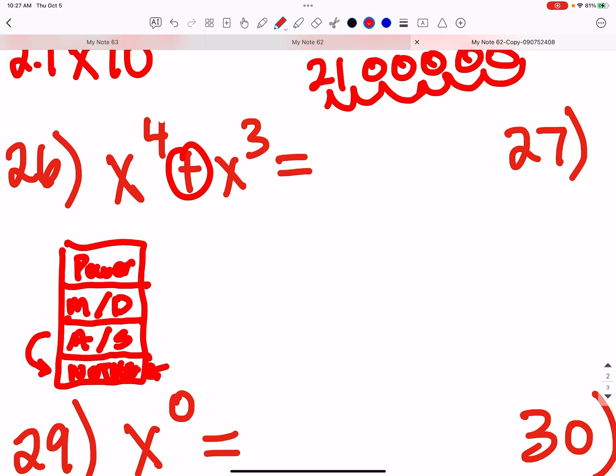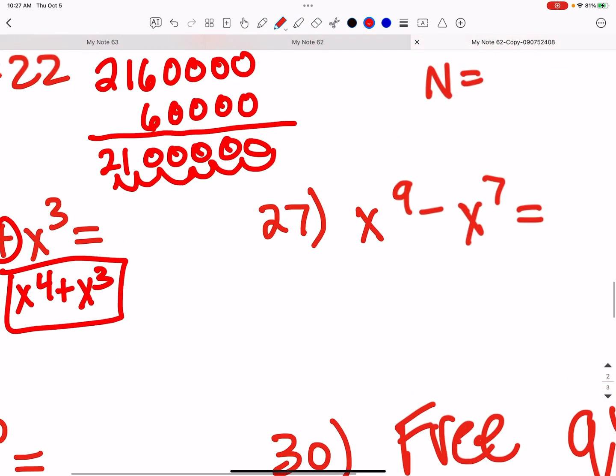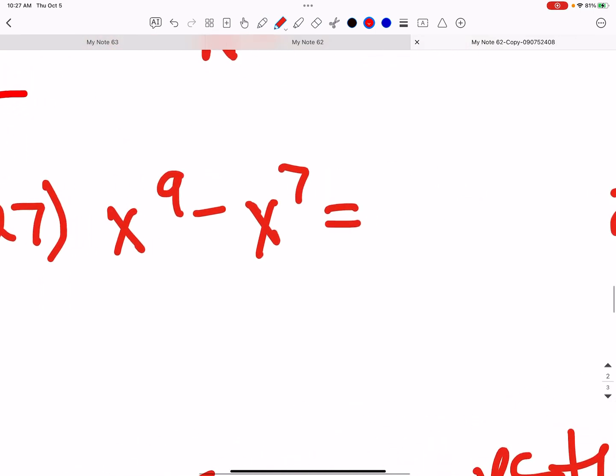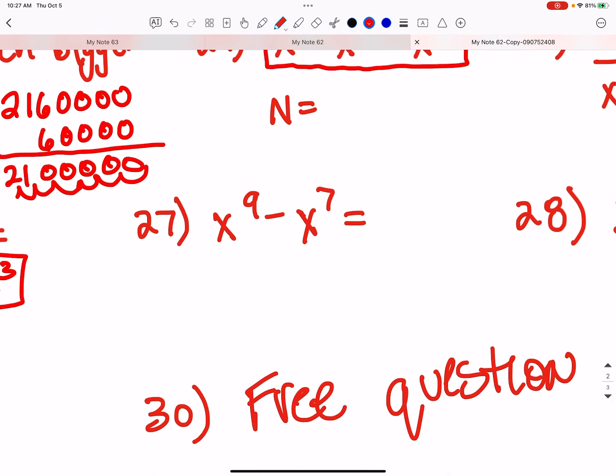That's nothing. There's no way to simplify this, so the answer is just the exact same thing. Unless I know what x is, I cannot combine these. 27, same idea. One less than subtraction is also nothing. There's nothing we can do there.